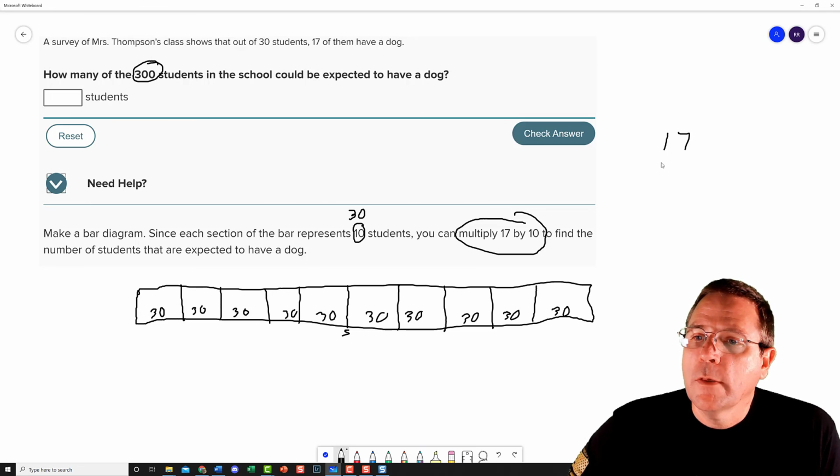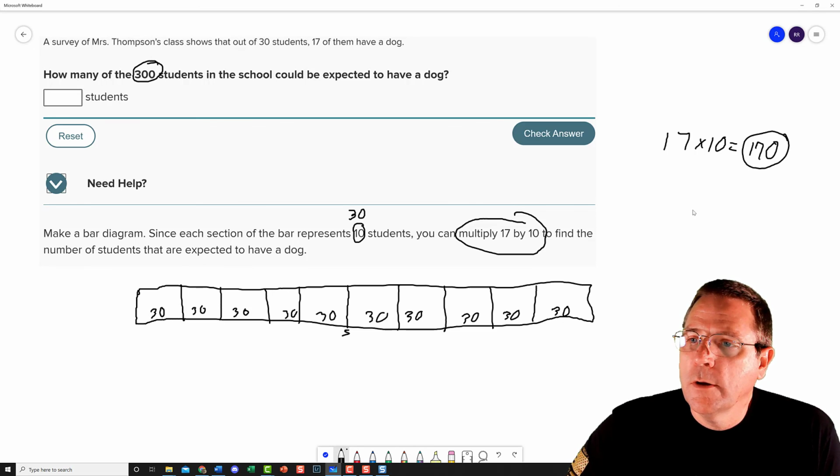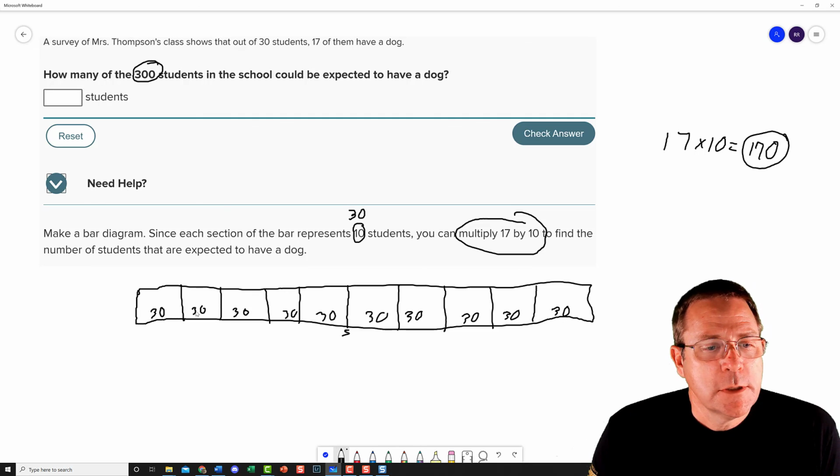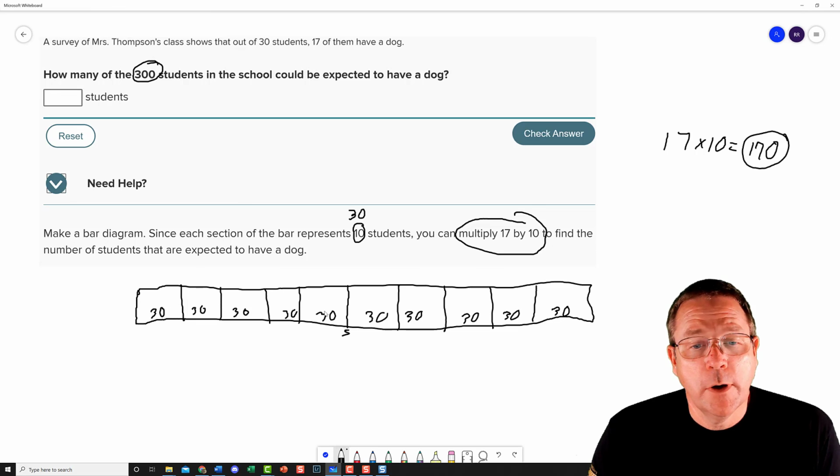In fact, we don't even really need anything to do it, because when you multiply any number by 10, all you have to do is put a 0 on the end of it, so your answer is going to be 170. And you could actually break that down on the bar graph too, to say that you got 30, 60, 90, 120, 150, 180. So you would have about this section right here that are going to like cats over dogs.